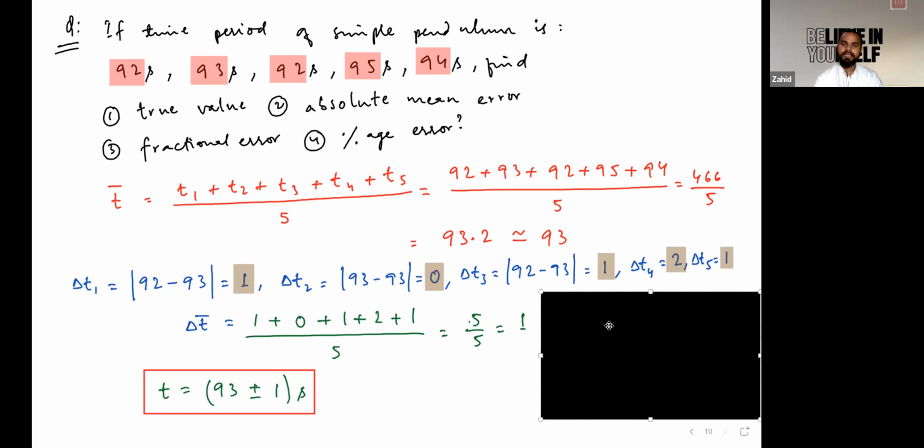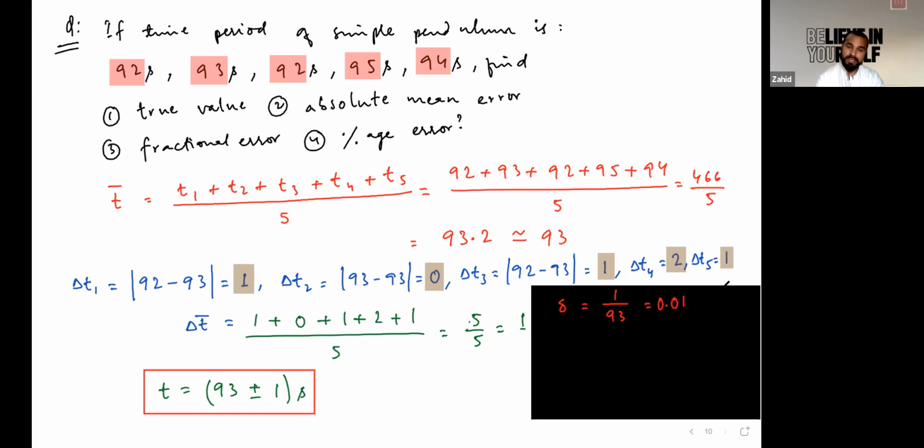Okay. Now the next part is to define fractional error and percentage error. For fractional error, we just use delta, which is equal to its error part divided by its true part. On dividing, you will get 0.01.